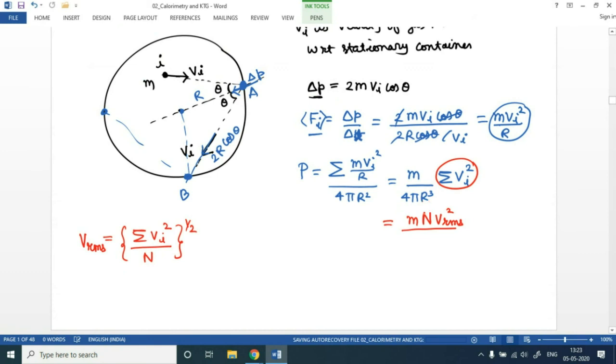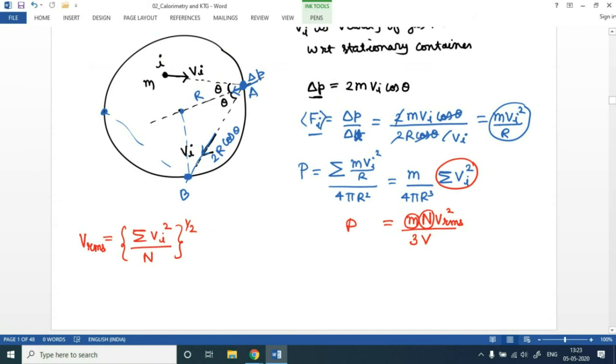So if we multiply and divide this term by 3, we will have 4 by 3 pi r cube, into 3. So 4 by 3 pi r cube would be nothing but the volume. So we will have this relationship: P is equal to m N vrms square upon 3V, where m is the mass of each molecule, and capital N is nothing but the number of molecules inside this container.